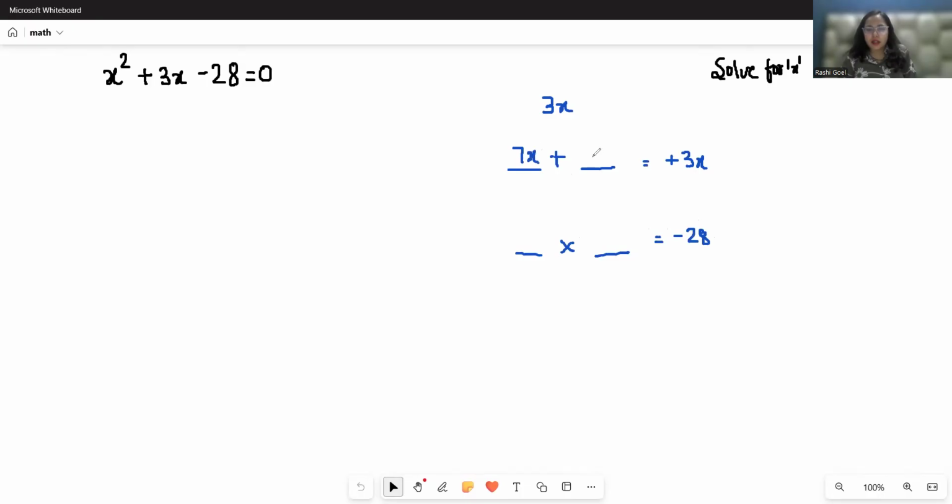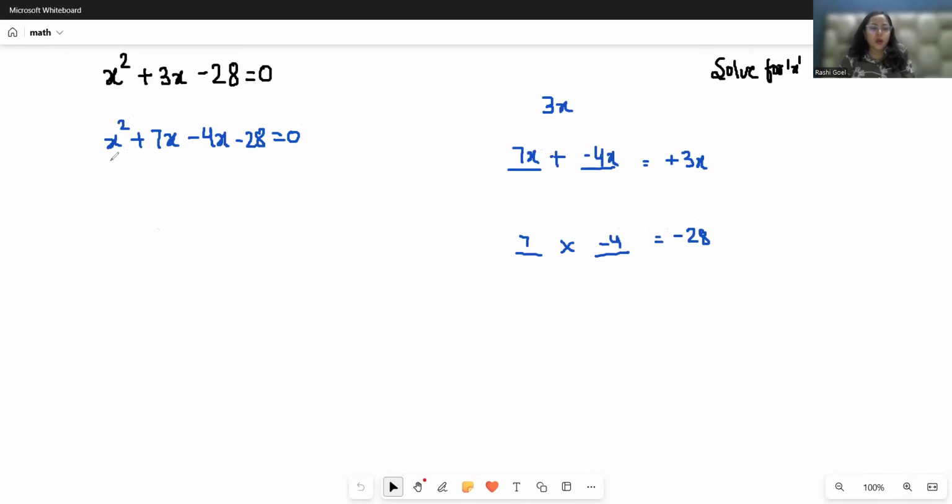It can be 7x and negative 4x, since 7 times 4 is 28. So we can write this 3x as positive 7x, negative 4x, so x squared plus 7x minus 4x minus 28 equals 0.